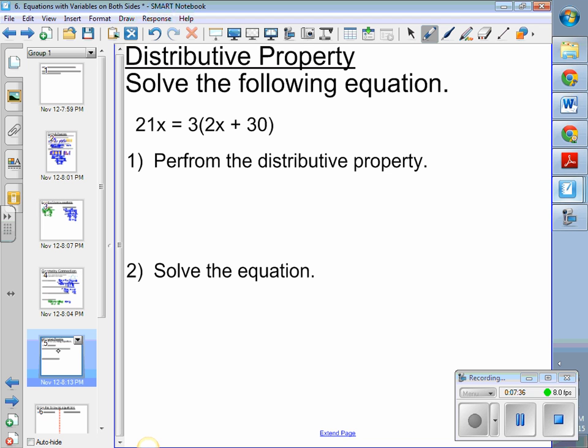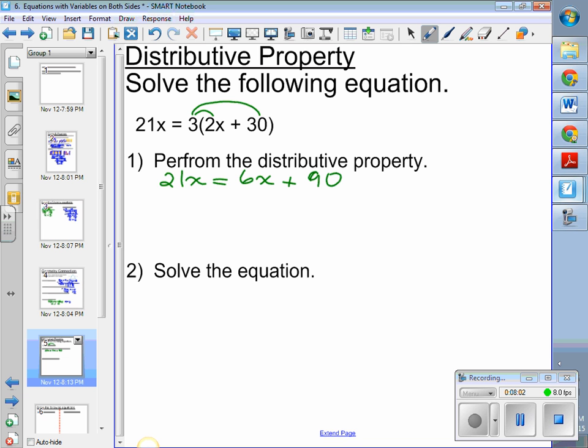Okie doke. Solve the following equation: 21x equals 3 times 2x plus 30. Notice we're using the distributive property. So as we've been doing, we distribute. So we get 21x on this side still, and 6x plus 90.